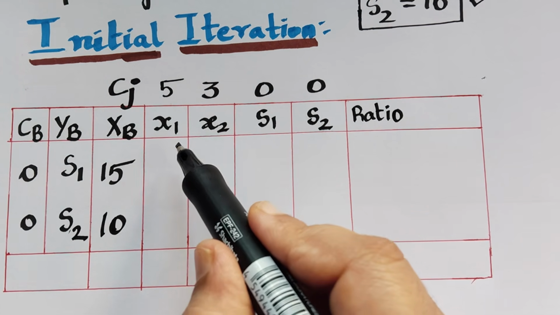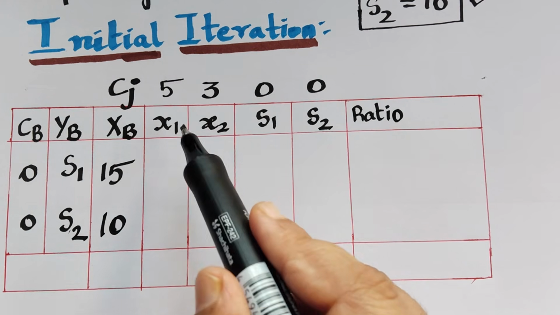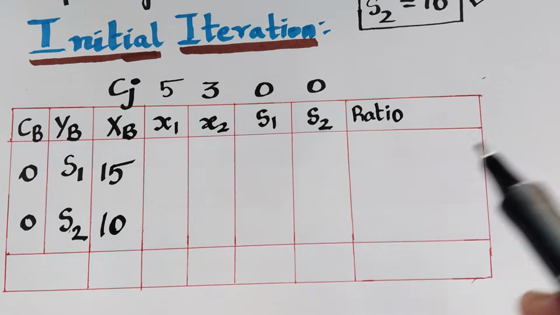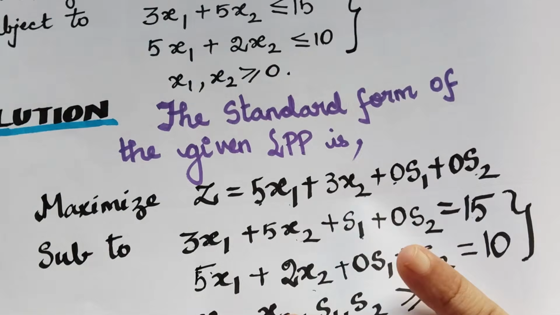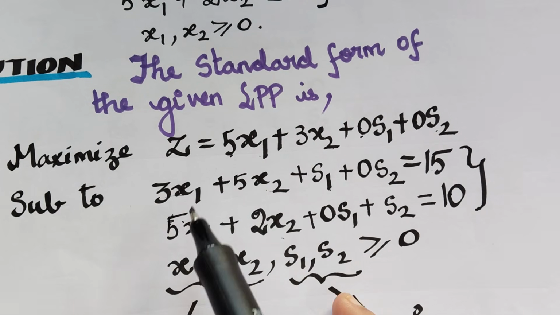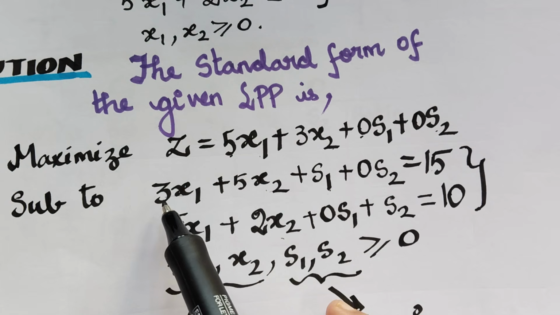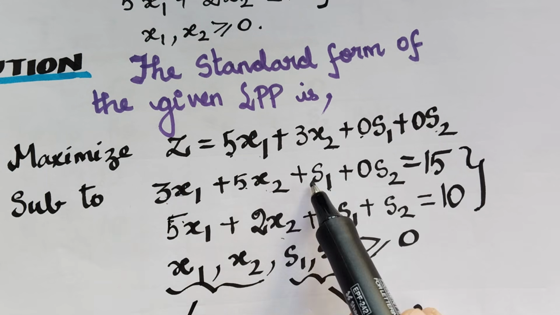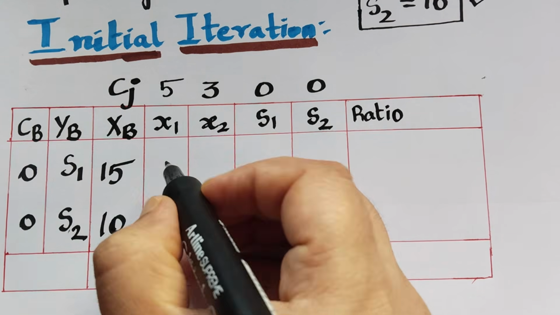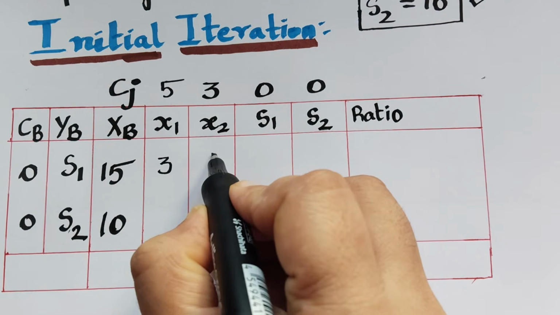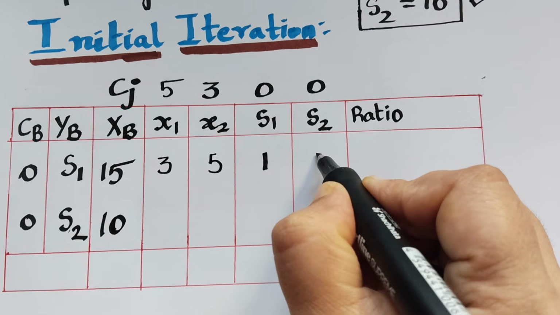Fine. Now we have to fill in this matrix x1, x2, s1, s2. It is obtained from the standard form that we have written. That is, these are the two constraints. The first row will be 3, 5, 1, 0. So that we have to take and write. So 3, 5, 1, 0.